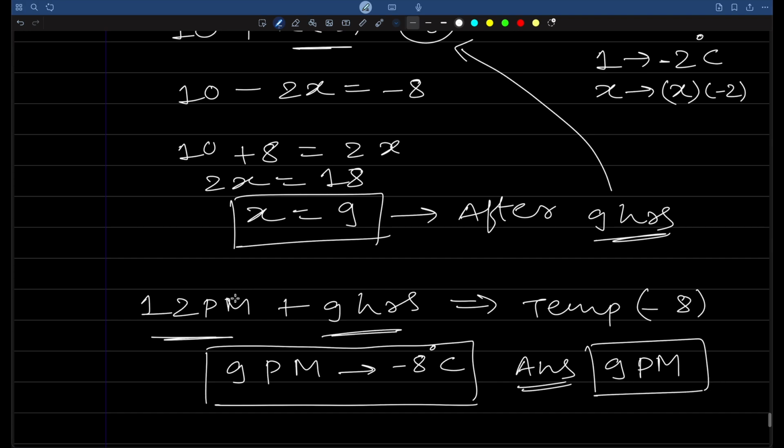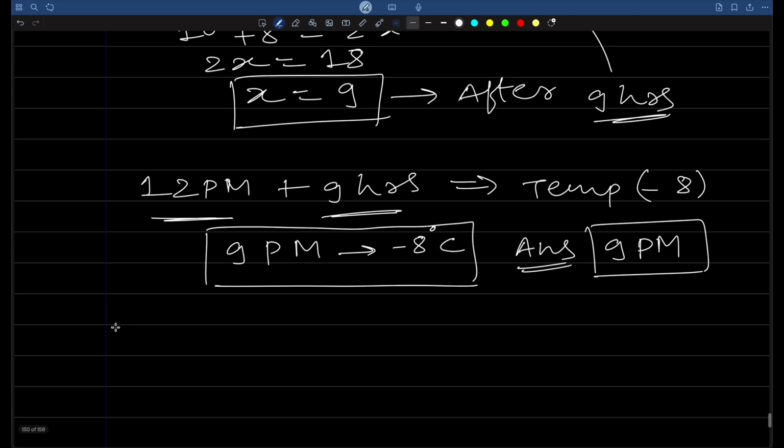Now part 2 of this question, that is, what would be the temperature at midnight?